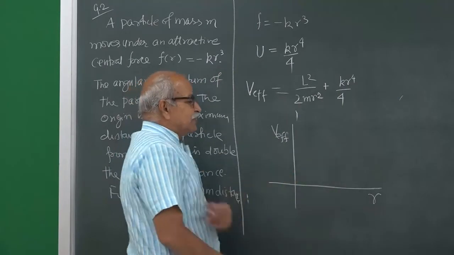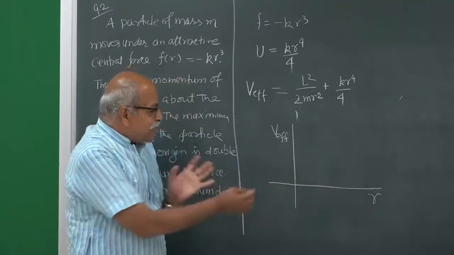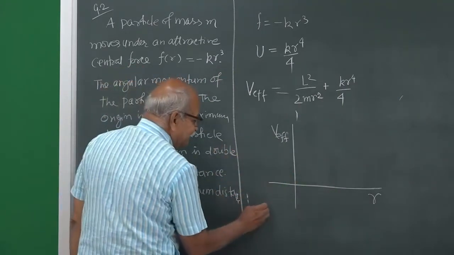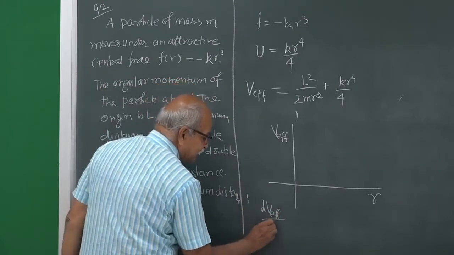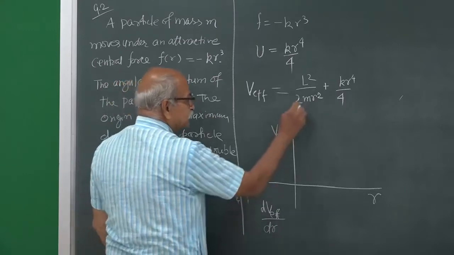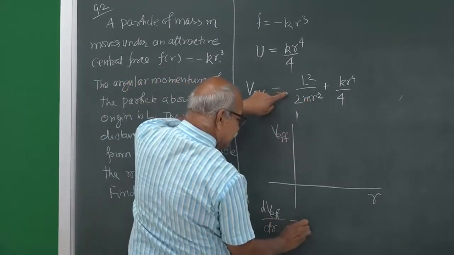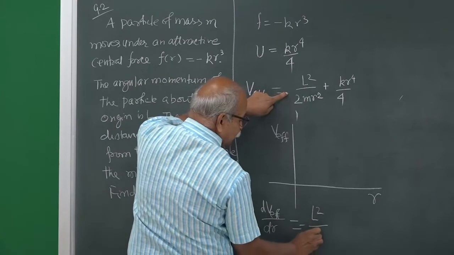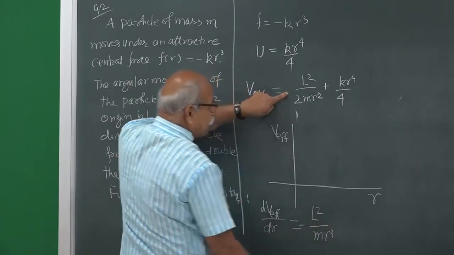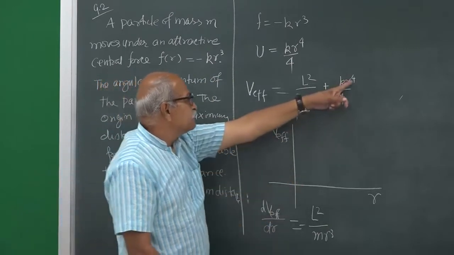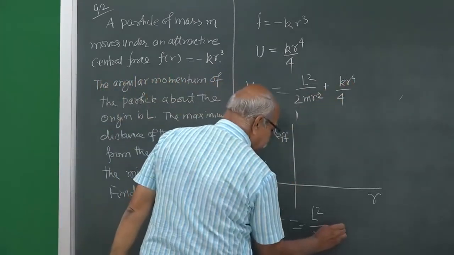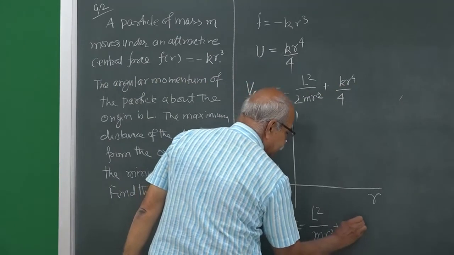What happens in between? So, look for the maxima minima, V effective, and then differentiation of this with respect to r. So, if you differentiate, you have minus L square by m r cube, this term will always occur. So, I remember it, and then here when you differentiate, it will be plus k r cube.